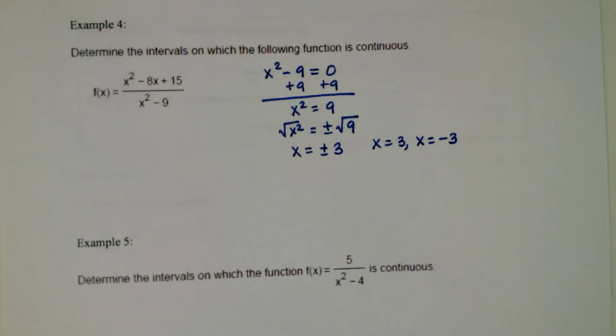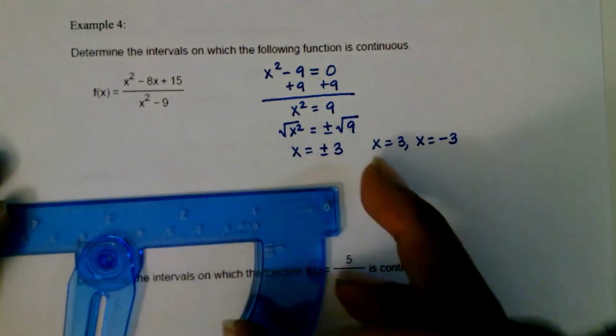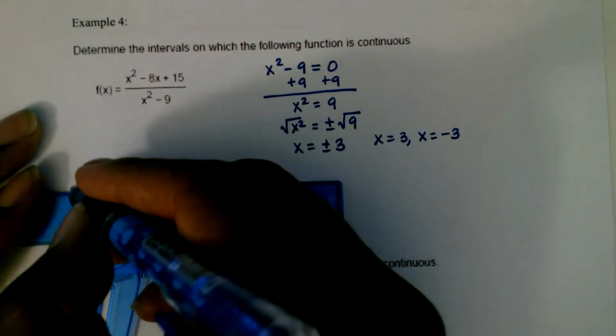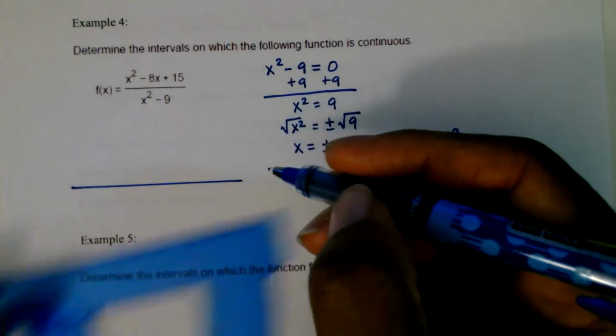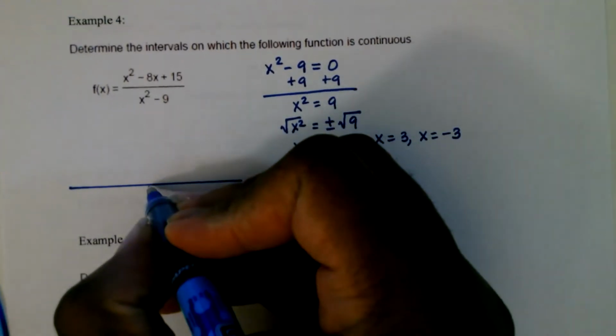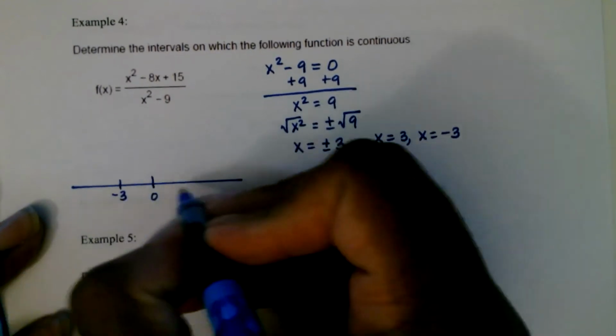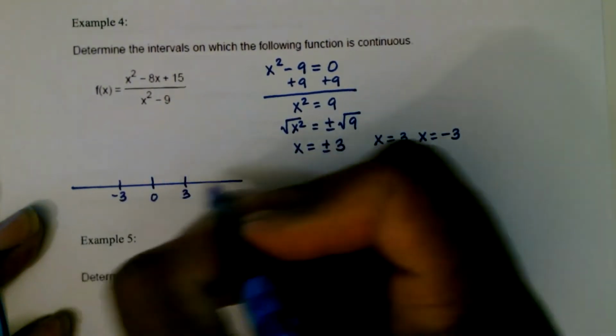Now, let's say in the homework, they want you to give the interval notation for that. Okay, if this helps, you can draw a number line like I'm about to do right here. Let's say this is 0, negative 3 is here, and 3 is here.